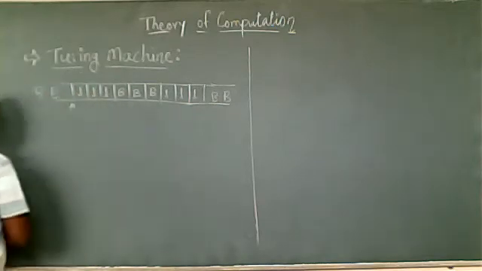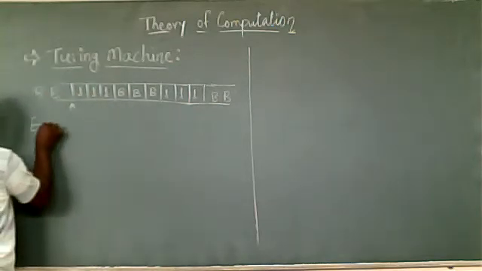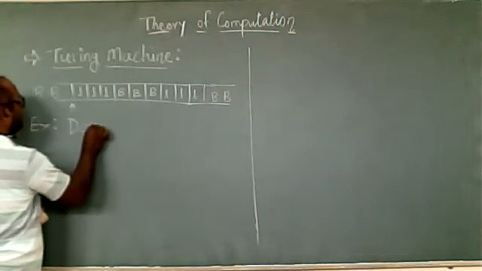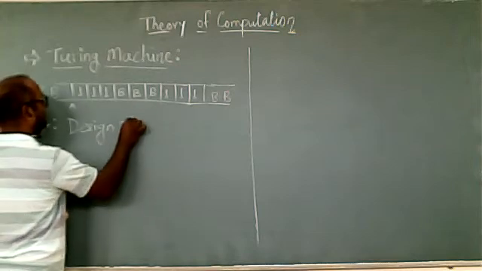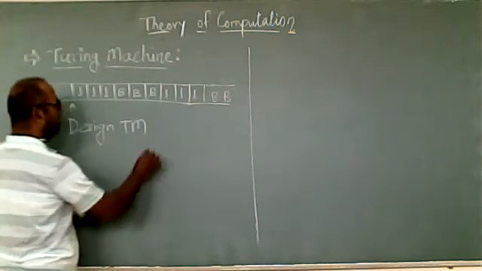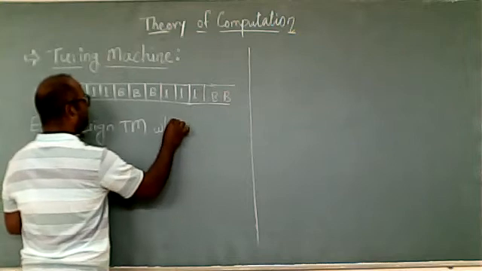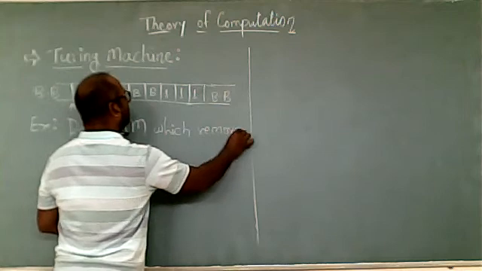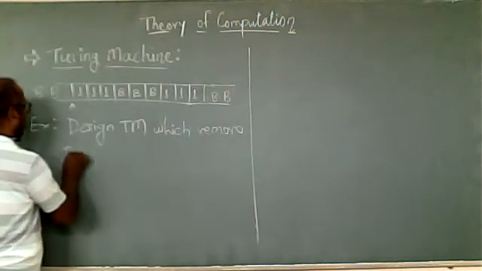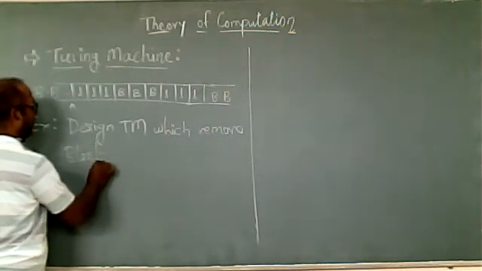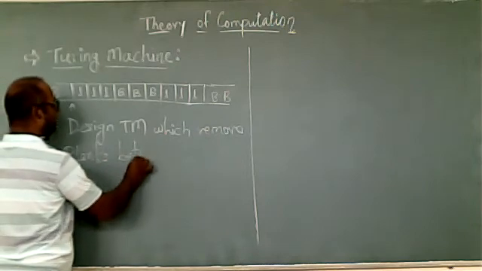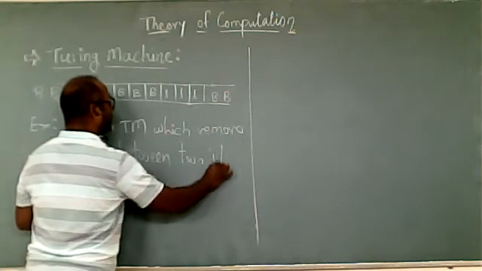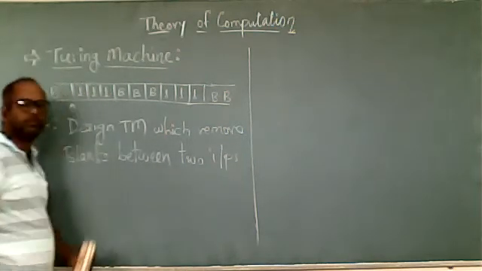So we'll take one example. The example says: design a Turing machine which removes blanks between two inputs.